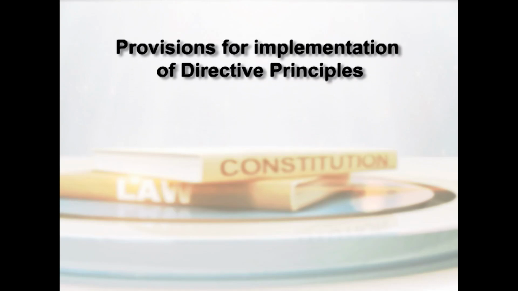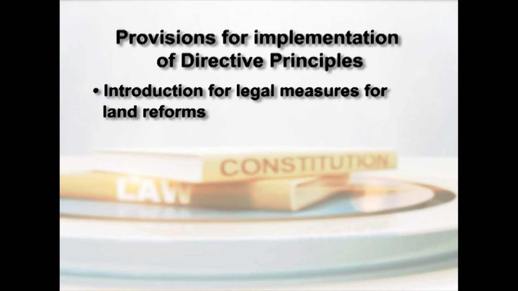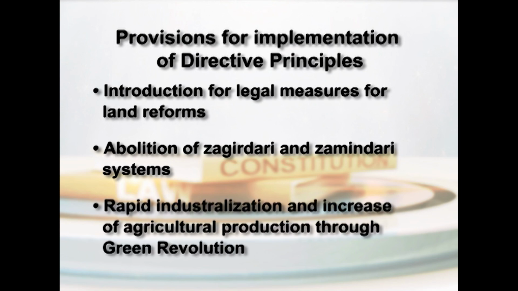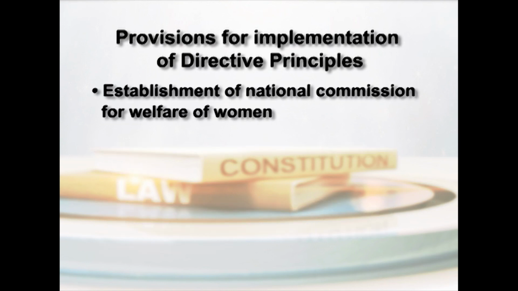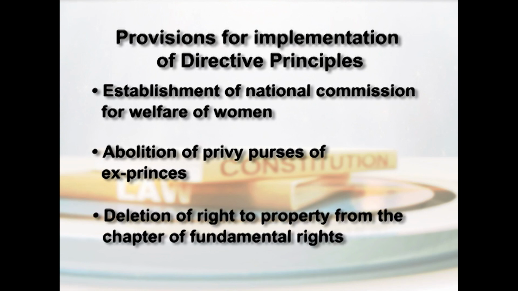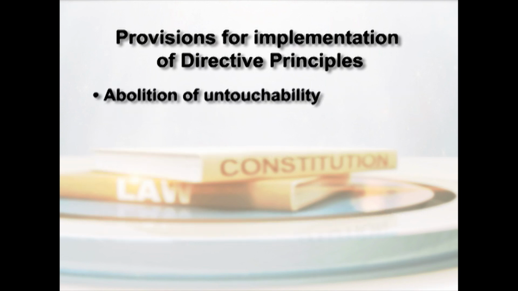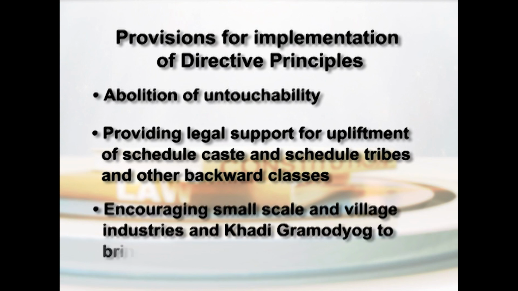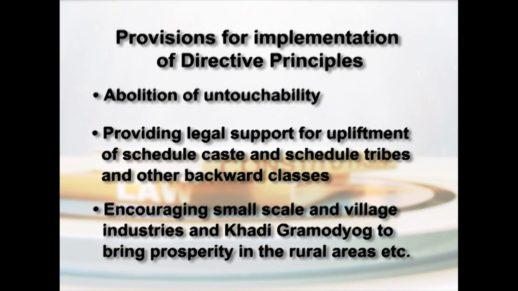Some of these can be listed as below: introduction of legal measures for land reforms, abolition of Jagirdari and Zamindari systems, rapid industrialization and increase of agricultural production through the green revolution, establishment of the National Commission for Women, abolition of privy purses for ex-princes, deletion of right to property from the chapter of fundamental rights, abolition of untouchability, providing legal support for upliftment of scheduled castes and scheduled tribes and other backward classes, encouraging small scale and village industries and khadi gramodyog to bring prosperity in the rural areas, etc.